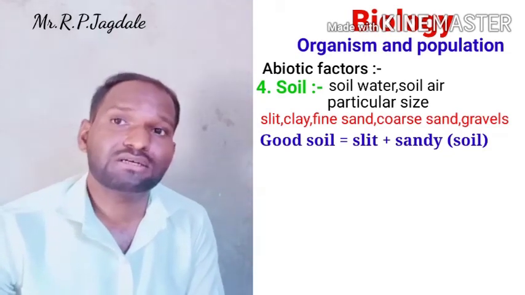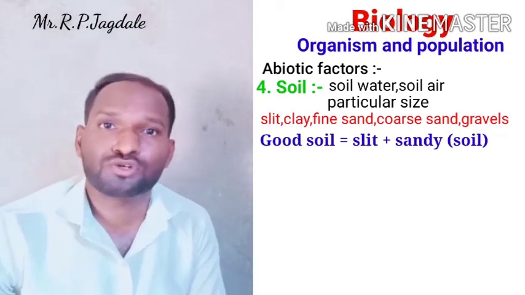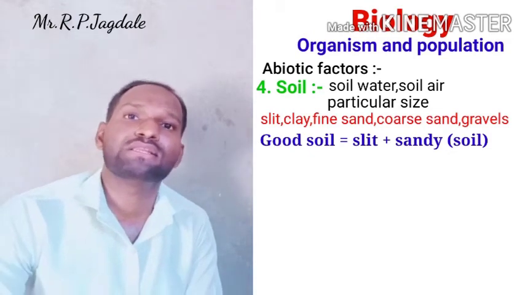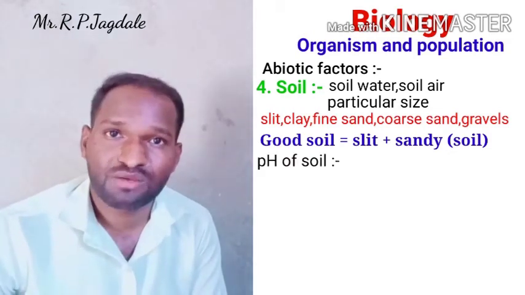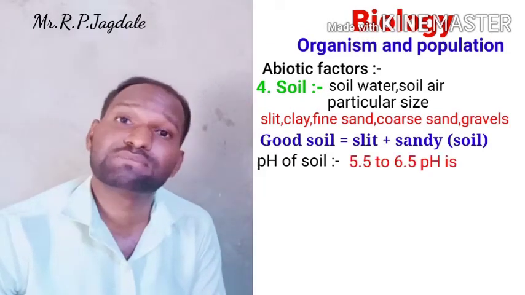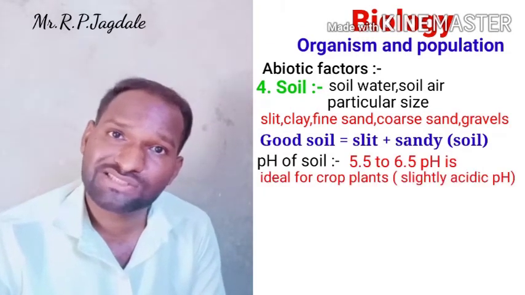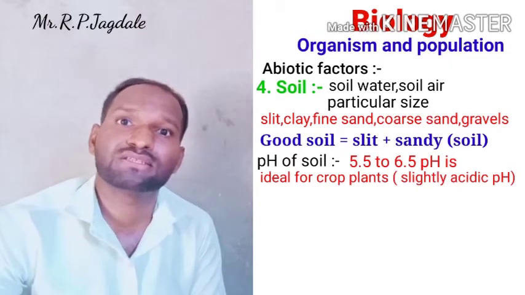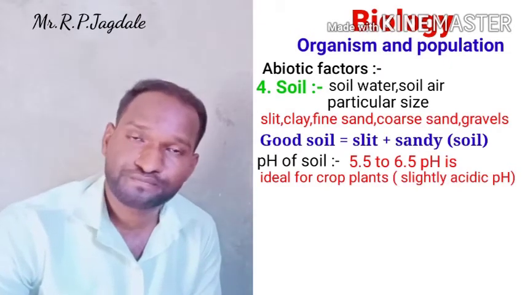The third component important for the soil is the pH. pH is very important for crop plants, because only at a certain pH do the crop plants grow more and more.